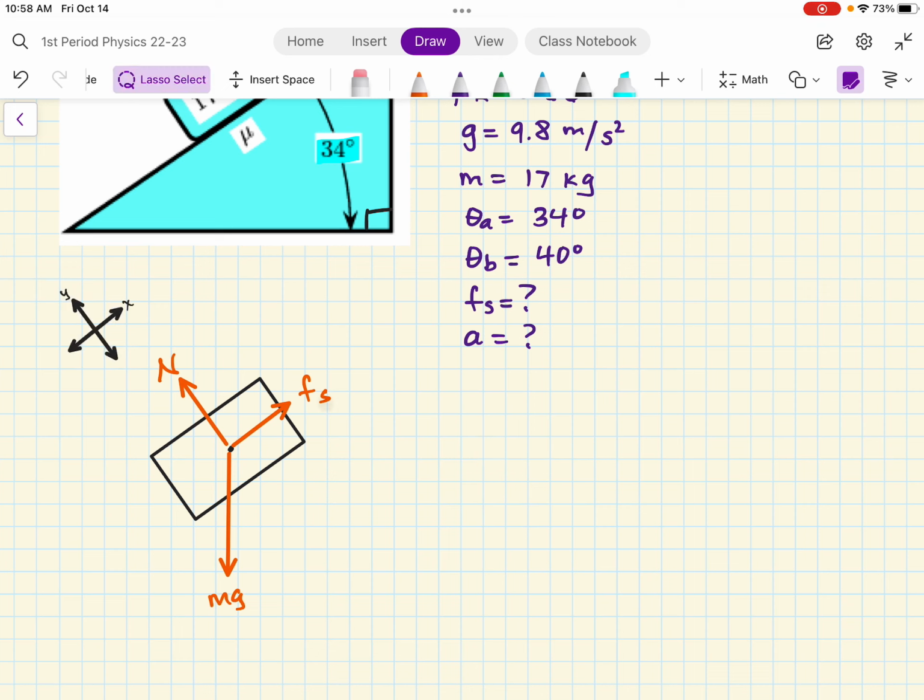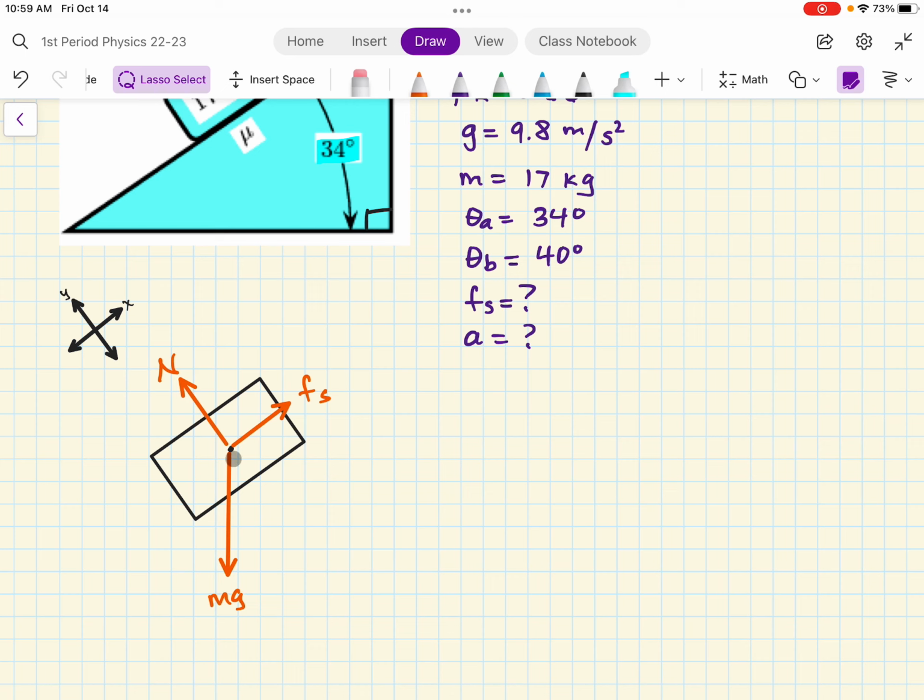So now we have the normal force acting along the y direction, and we have this static friction force along the x direction. That means the only force which is in two different directions at the same time is the weight.